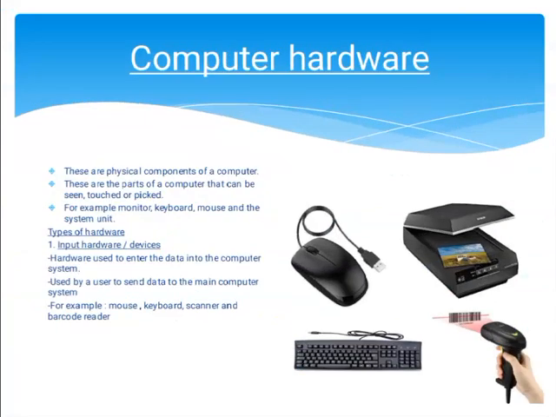What is computer hardware? These are physical components of a computer. Or in simpler terms, these are the parts of a computer that can be seen, touched, or picked. For example, a monitor, a keyboard, mouse, and most probably the system unit.